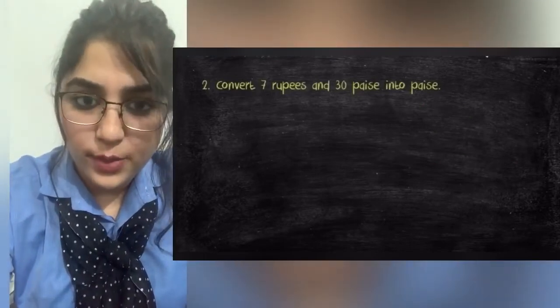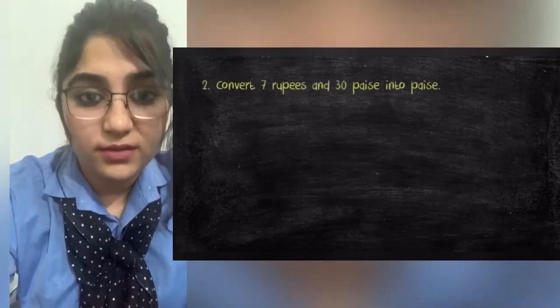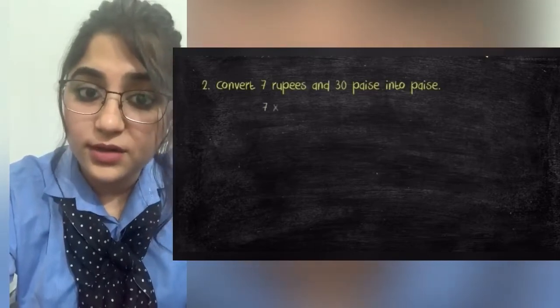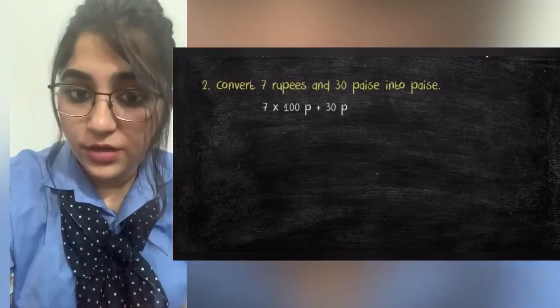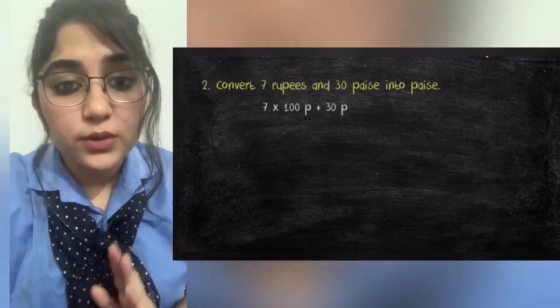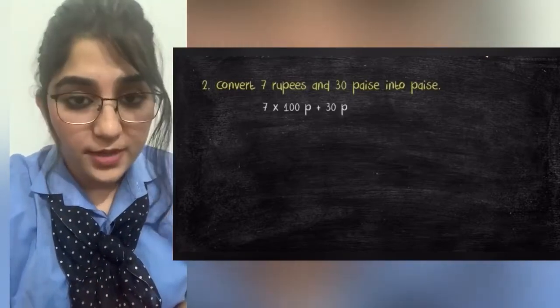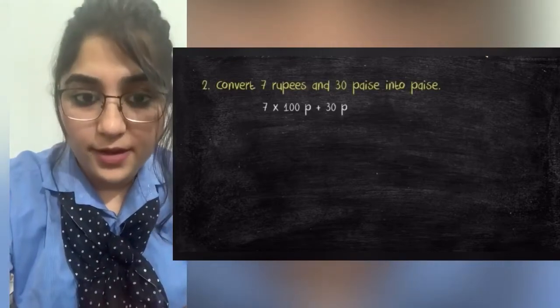So our next question is, convert 7 rupees and 30 paise into paise. As we just learned, students, to convert rupees into paise, multiply by 100.